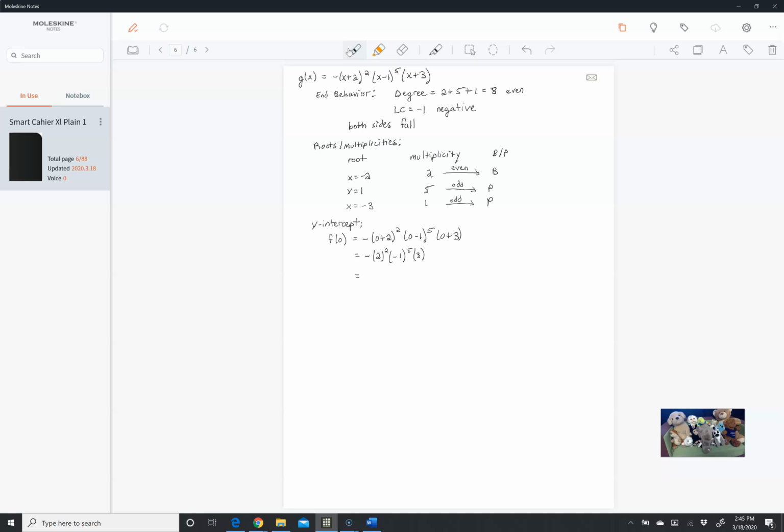Only the 2 is being squared, not the -2. So -4, (-1) to the 5th. The negative is inside the parentheses here, so the negative is being raised to the 5th. (-1) to the 5th is -1, times 3. So -4 times -1 is +4, times 3 is 12. Again, we're multiplying. So our y-intercept is (0, 12).